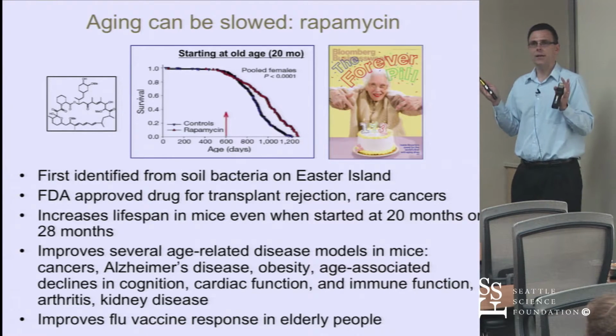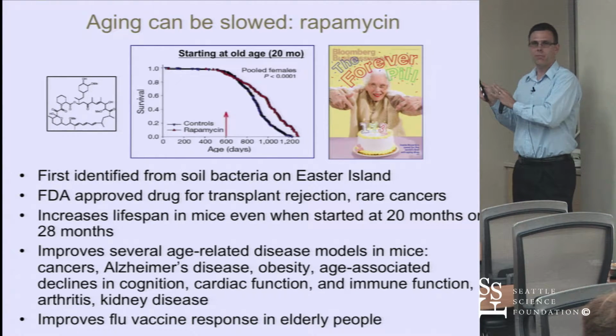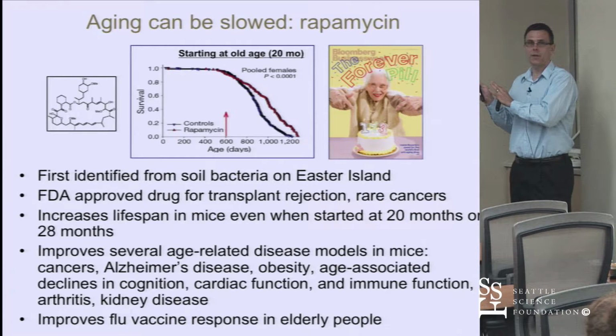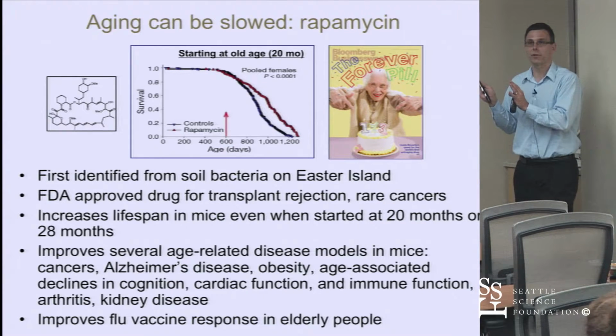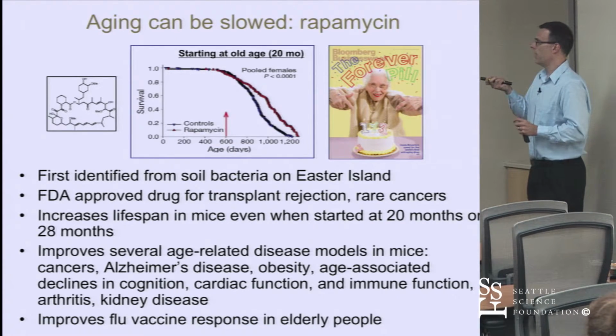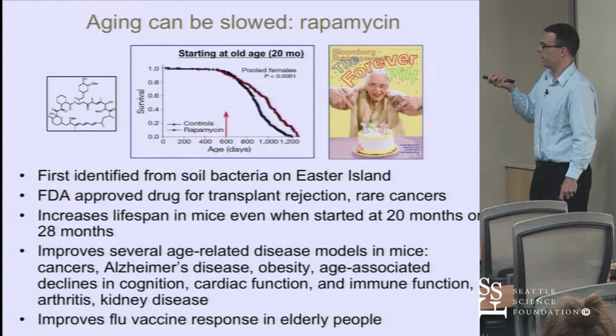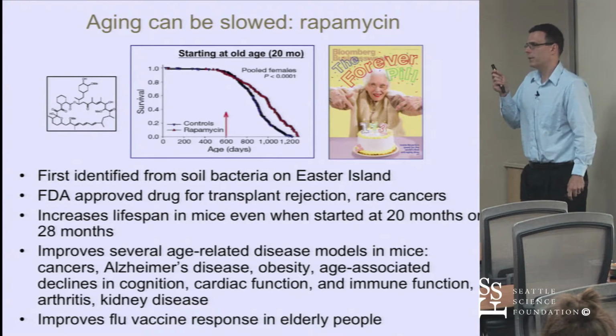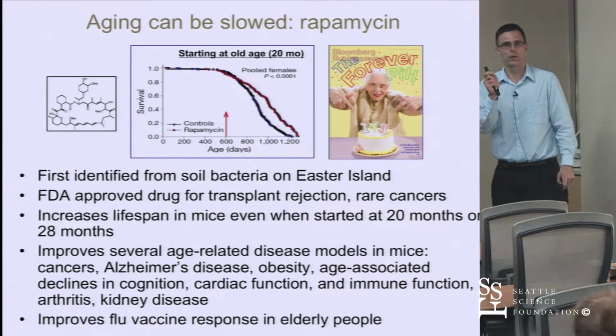So a variety of age-related phenotypes seem to be impacted positively by treating mice with this drug, in addition to increasing lifespan. And a recent study from Novartis that I'll mention again in a minute has at least hinted that this might work the same way in people.